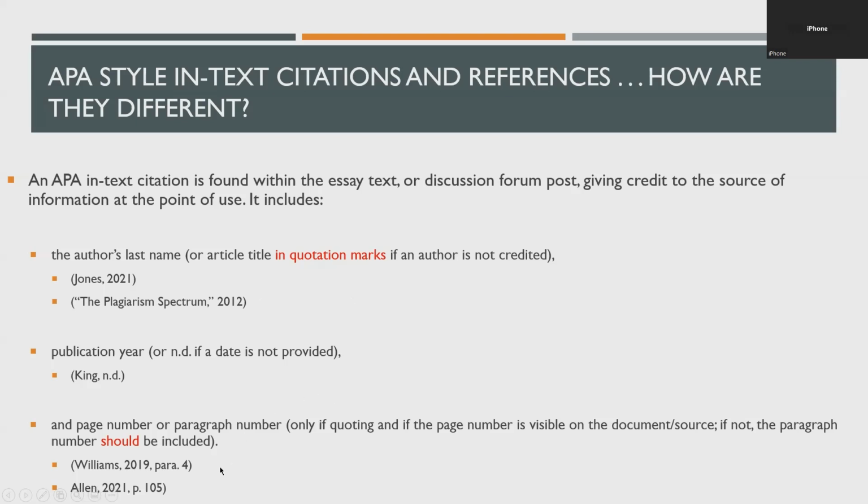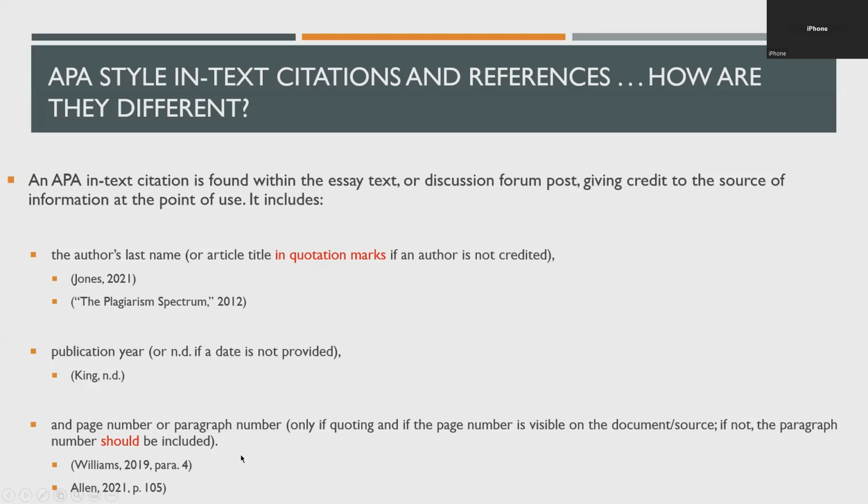And then if we are quoting from a source, we need to provide either a page number or a paragraph number. Now, that's not the case if you're paraphrasing, and we'll talk a little bit more about paraphrasing later in this presentation. But if you are directly quoting from a source, you want to provide the page or the paragraph number.